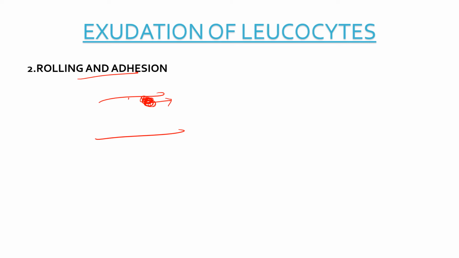The process of rolling is facilitated by the following cell adhesion molecules, or in short CAMs, or adhesion receptors, that is ARs.